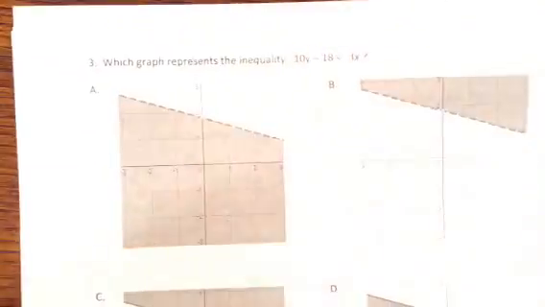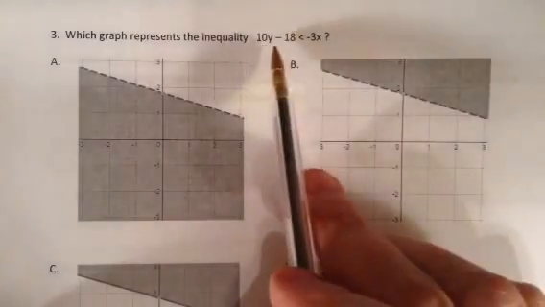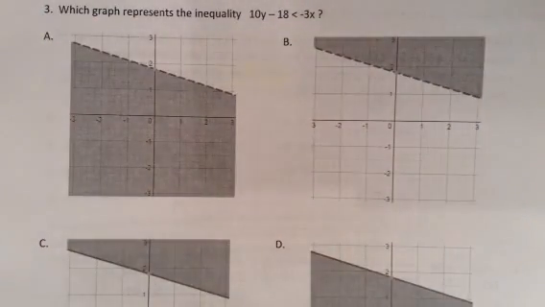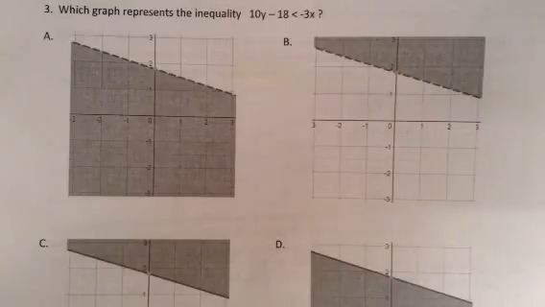Anyway. Here we go. Which graph represents the inequality 10y minus 18 is less than negative 3x? All right. Looking at these answers, you should be able to eliminate 2 of them simply by knowing if it's solid or dotted. Man, this time is going by quick, so maybe I'll get 3 problems at a time.